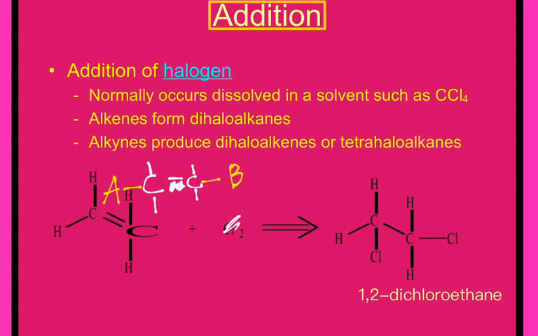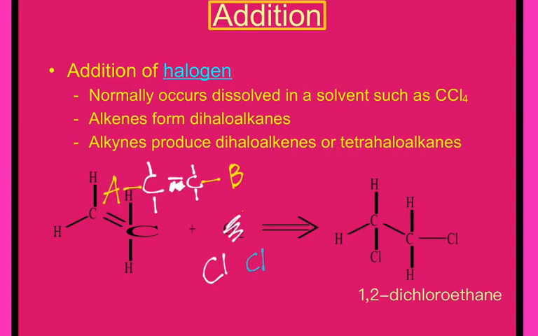Let's draw them in color. I say chlorine, the white one. I say chlorine, the blue one. Does it matter where the white chlorine goes, by A or B? No.